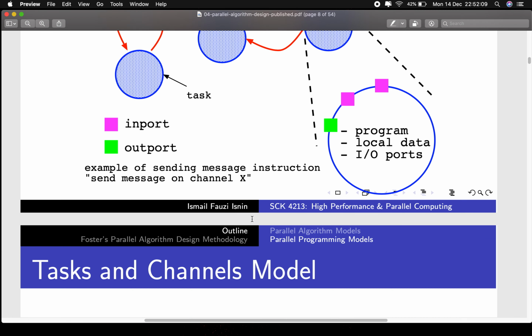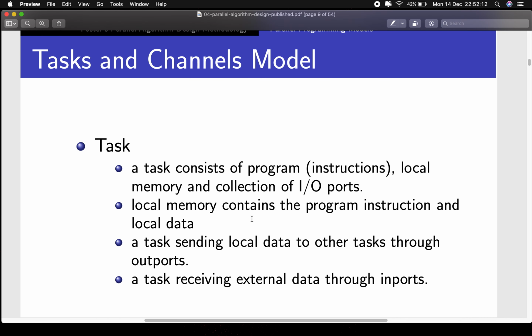After this we're going to look deeper. In the task and channel model, what is the meaning of task? A task consists of a program or instruction. Let's say you give an instruction for your computer to uninstall an application. It is the instruction or program that you are opening, and also there is local memory connected to an input output port.